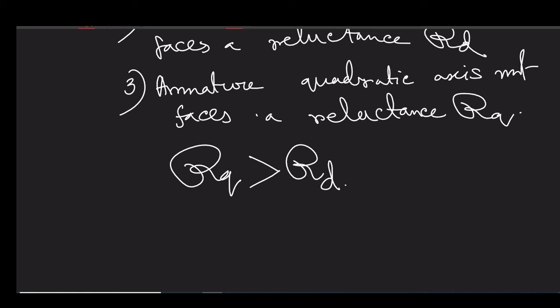But here, the two portions of the armature circuit are experiencing two different values of reluctances. So the first understanding should be that one constant armature reaction reactance is insufficient to represent armature reaction in this case.